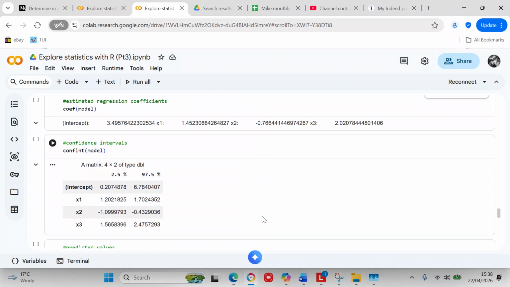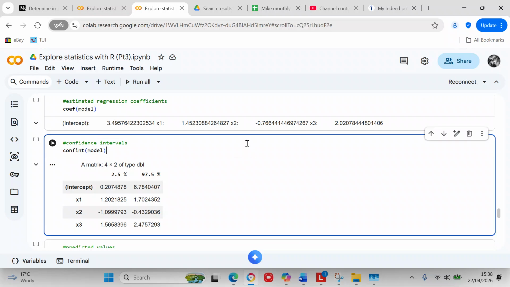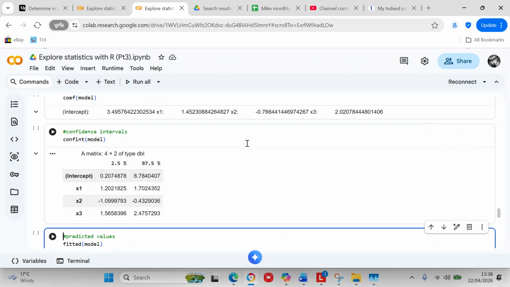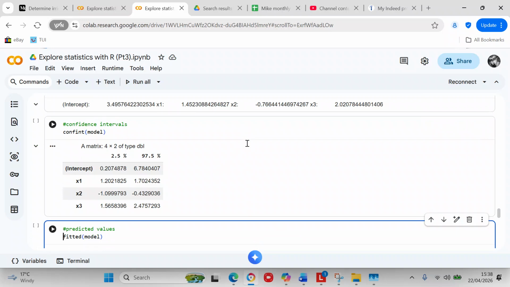The estimated regression coefficients is coef model, and then you've got your regression coefficients there. Your confidence intervals equals confint model, and then it gives you a matrix with your confidence intervals for x1, x2, and x3.